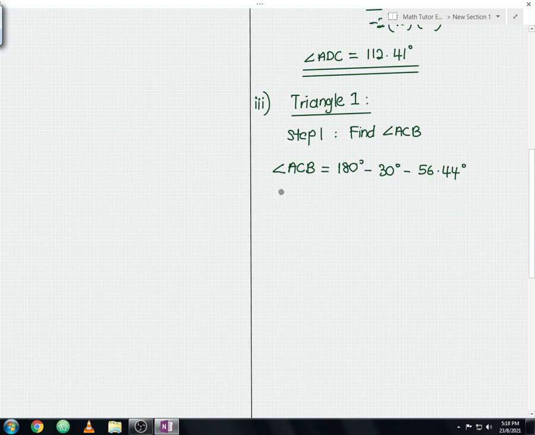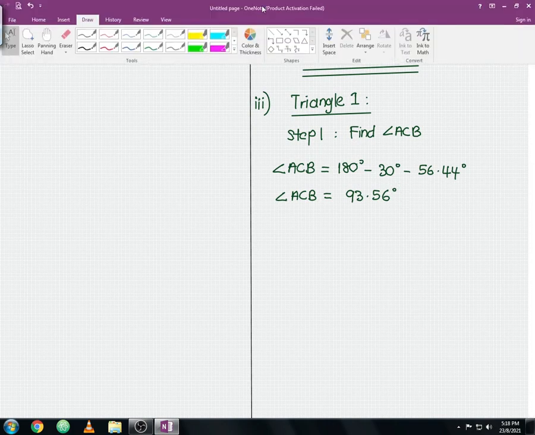So from here you calculate, you should get your angle ACB equal to 93.56 degrees. So this is your step 1. Let me underline the angle ACB.